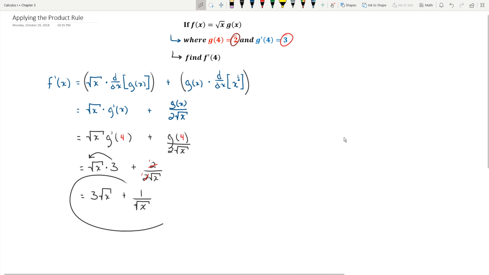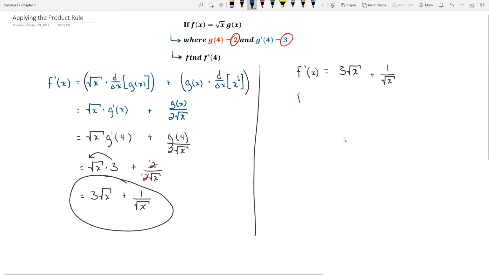So using what we just created, I'll bring this up to the top right, and we're going to have f prime of x to begin with. And I'll rewrite it, which is 3 times the square root of x plus 1 divided by the square root of x.